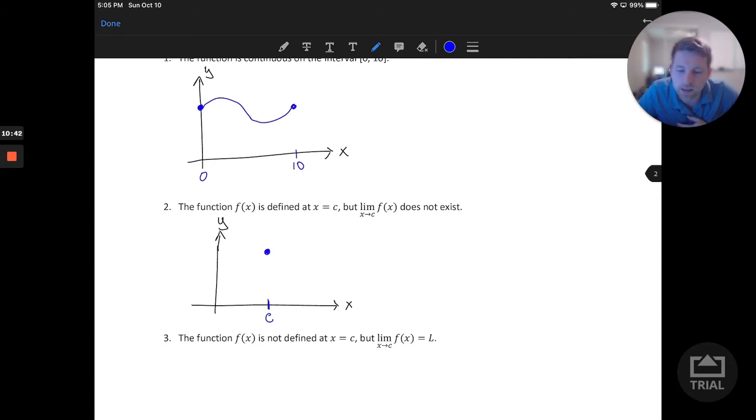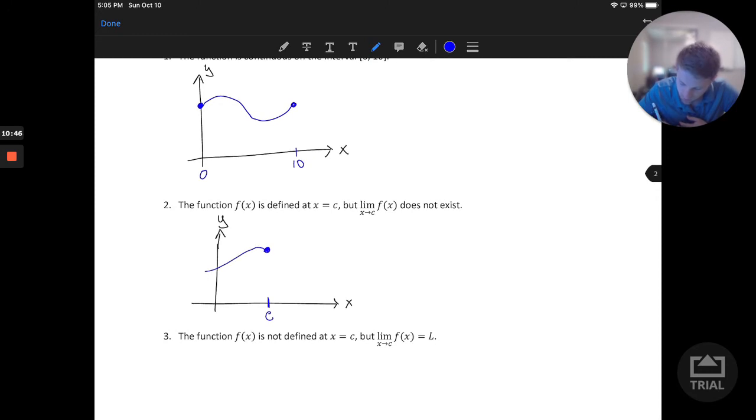So one way we can represent this would be some function that breaks at x equals c, and where our left and right-sided limits do not agree. And so the two-sided limit at x equals c would not exist.